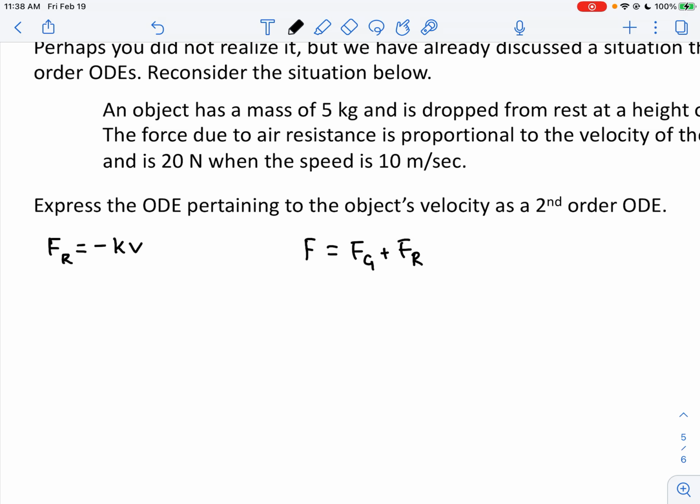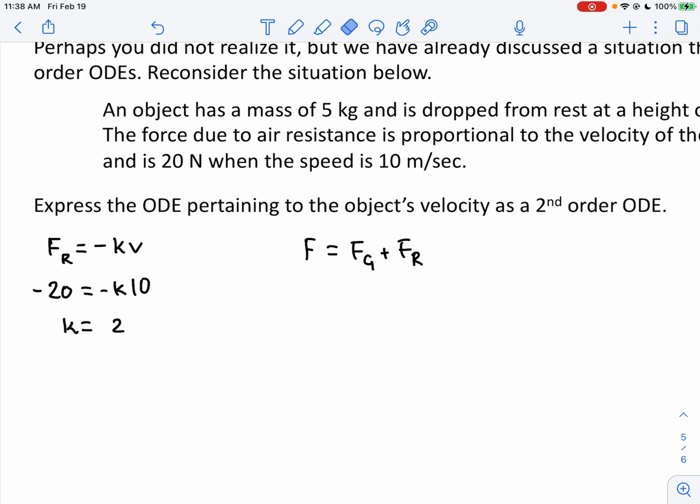The force due to air resistance is 20 newtons at the same time that the velocity is 10. So we can solve for k, and we get k is equal to negative 2. Oh, I should also say, you have to be careful here. If the velocity is 10, then the force should have been negative 20 because it should be in the opposite direction.